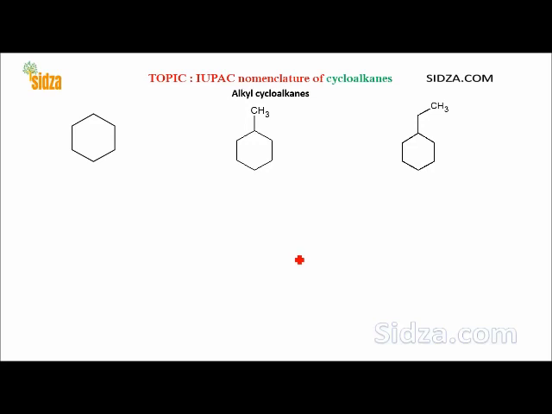If there is a substitution around a cycloalkane, the molecule will be called an alkyl cycloalkane. Suppose this is a cyclohexane, and if you attach a methyl group to it, it will be called methylcyclohexane.